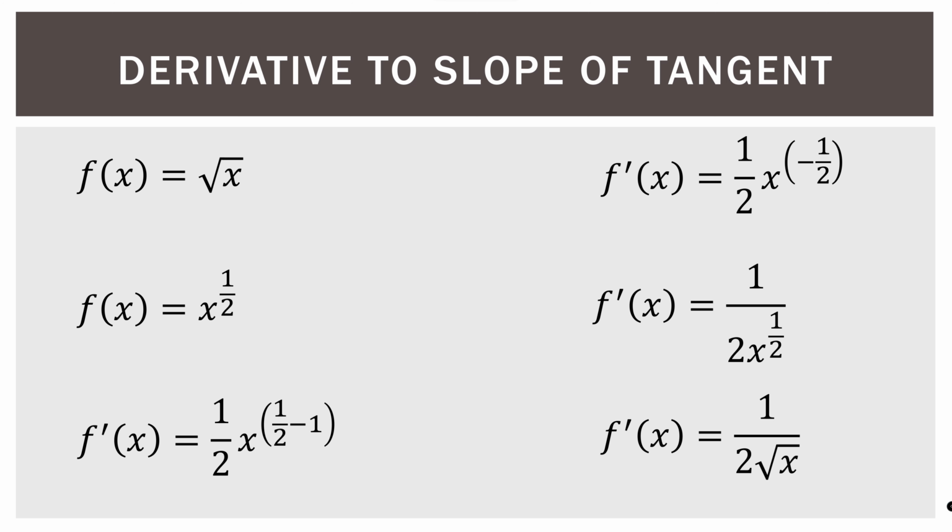But we first have to subtract 1 from the exponent. So we end up with 1/2 times x to the negative 1/2 power now. See how that works? We drop the 1/2 in front, subtract 1 from our original exponent of 1/2. Now we have 1/2 x to the negative 1/2 power.